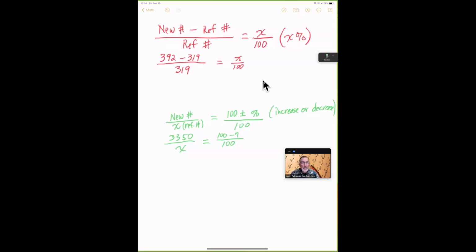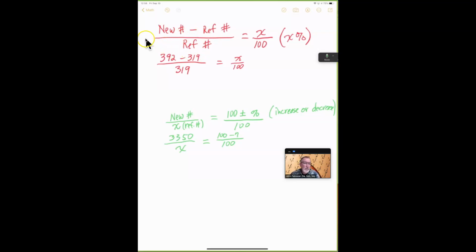And then the new one is the number that came after the change that pushed the reference number higher or lower. So the reference number or the original number is the one that we will use for the whole total because the percent change is based on that reference number.